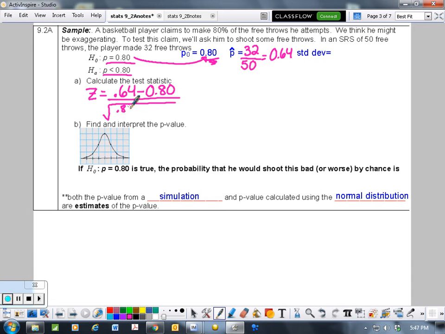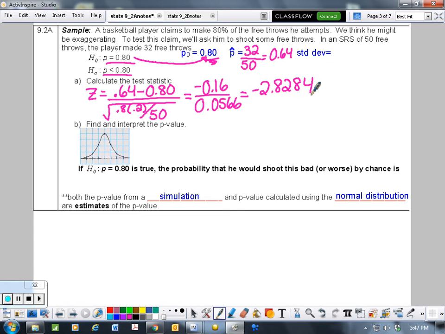So the square root of 0.8 times 0.2 divided by our sample size. This is the standard deviation of the sampling distribution based on the null hypothesis. And so this is going to give us a value of negative 0.16 over 0.0566. And when I divide, I get negative 2.8284.